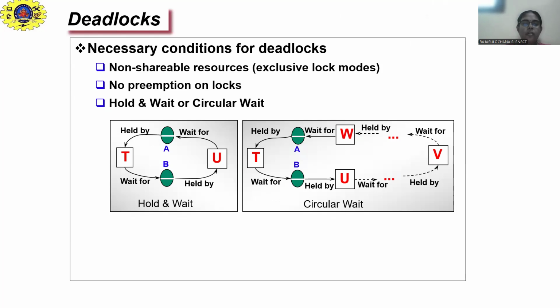Only then deadlock will arise, and there should not be any preemption on locks, and there should be a hold and wait or circular wait scenario existing among the transactions and resources. Only then the transaction is bound to deadlock. So these are the various conditions for a deadlock to occur in a concurrent transaction.